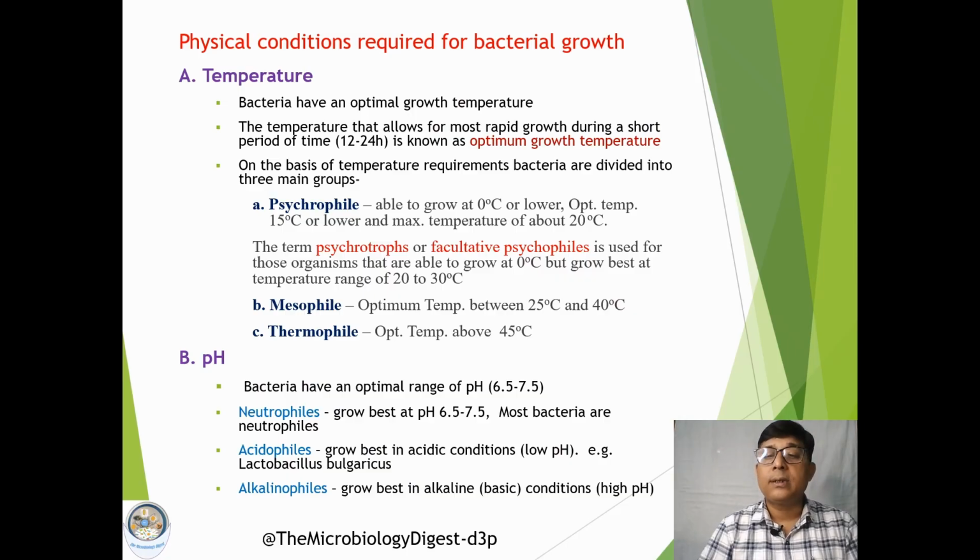The first group is called psychrophiles. Psychrophiles are able to grow at 0 degrees or lower, but their optimum temperature is 15 degrees centigrade, or maximum 20 degrees centigrade. Within this range they favor growth, that is their optimal growth temperature.